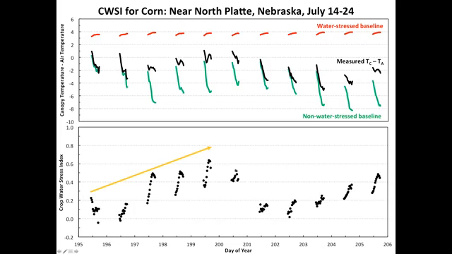Here the response going from a value near 0.5 or 0.6 back down to a value near 0 was caused by 20 millimeters of rainfall. So the crop water stress index behaves how we would expect. It increases as soil water is drawn down. When rain falls, it responds by decreasing to near 0.